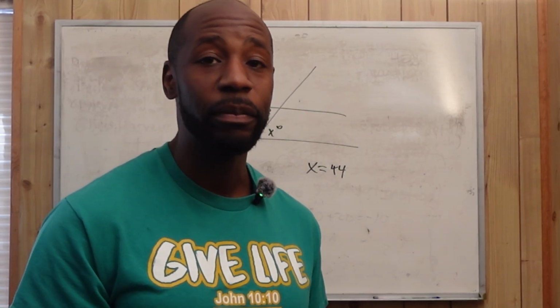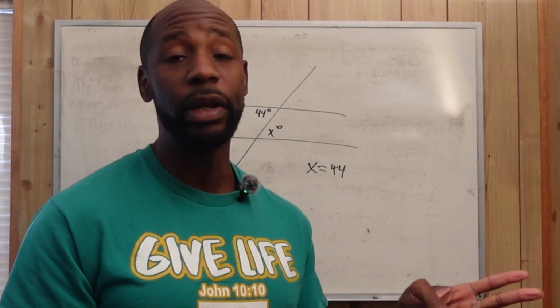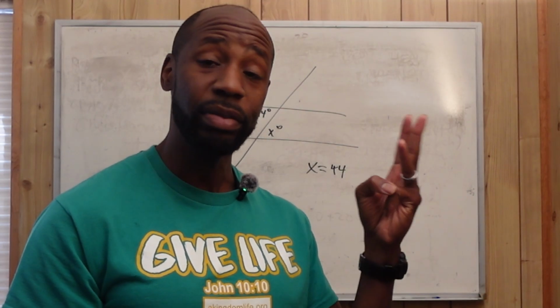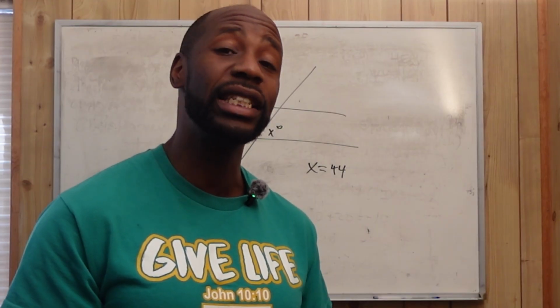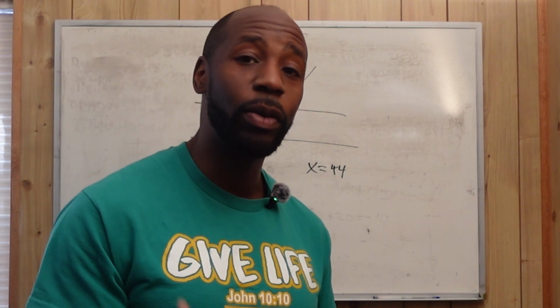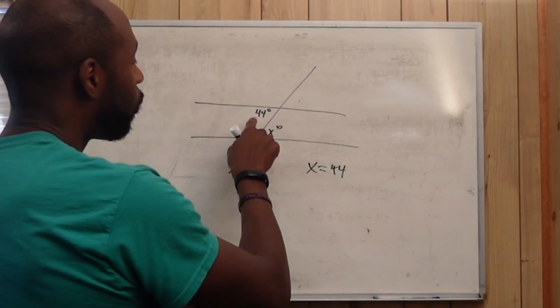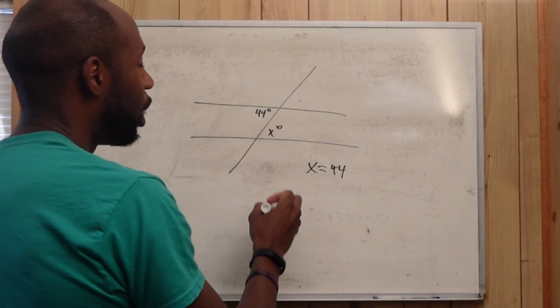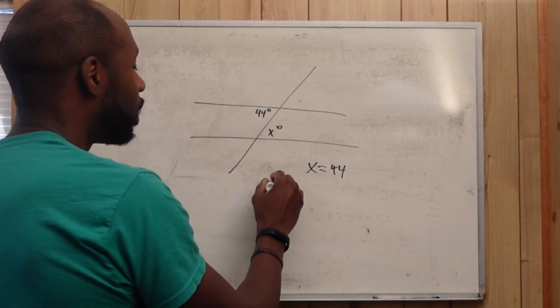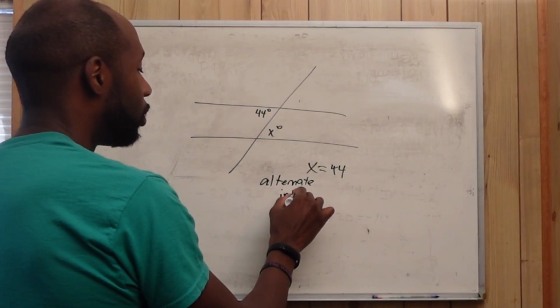But somebody, somewhere, usually your teacher, your tutor, maybe even a fellow student, has that understanding. They can say a couple of words that can help you understand whatever it is you don't understand. So all I would have to tell you here is, both of these are 44 because they are what you call alternate interior angles.